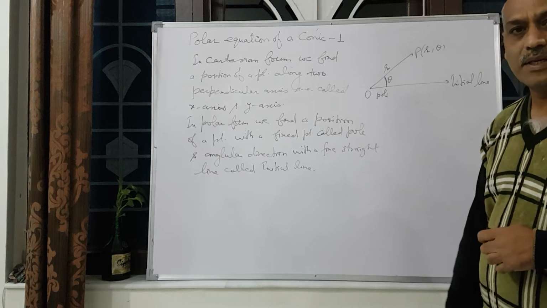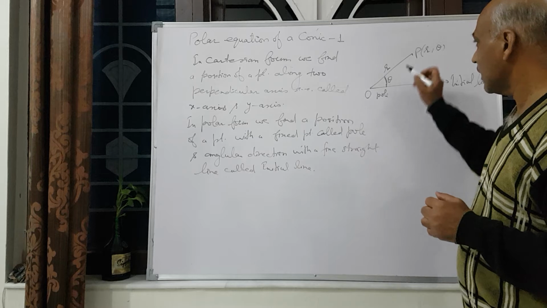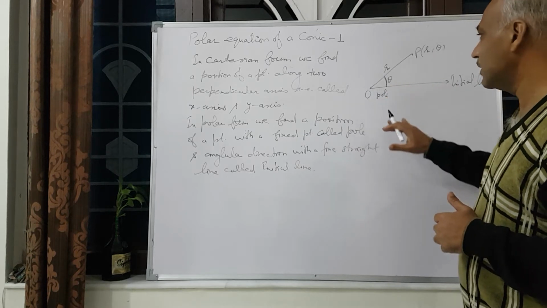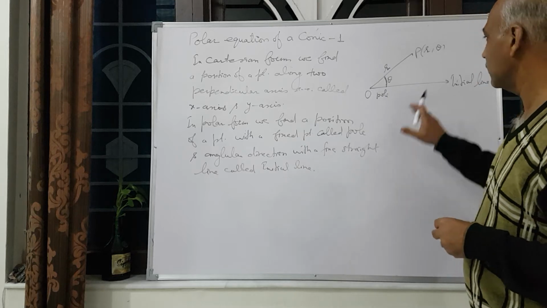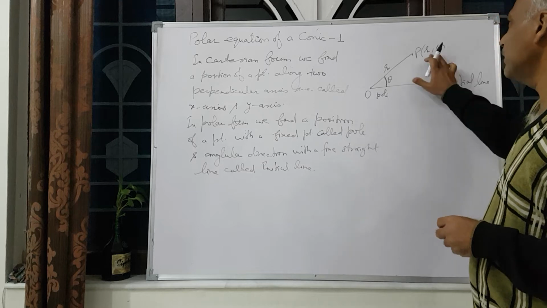So the coordinate of P is (r, theta). r is the distance from a fixed point, and theta is the angular direction from the fixed straight line, that is called the initial line. Okay, so we need this.